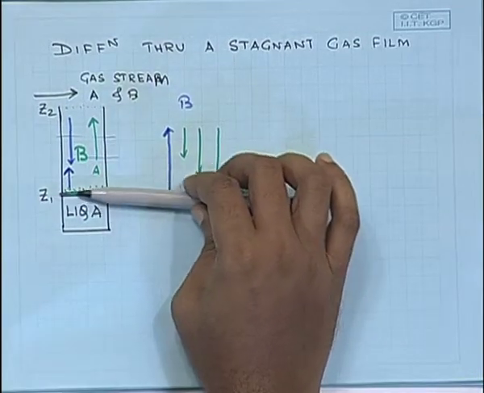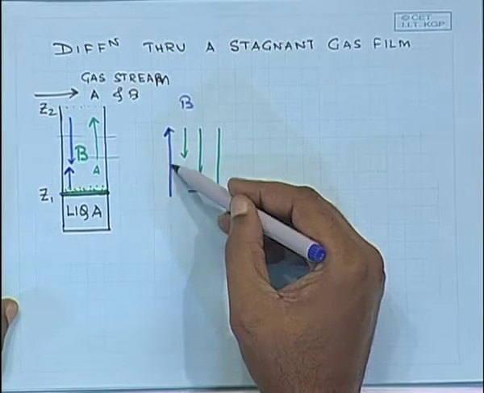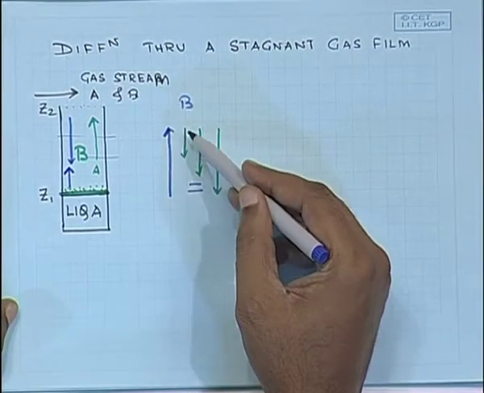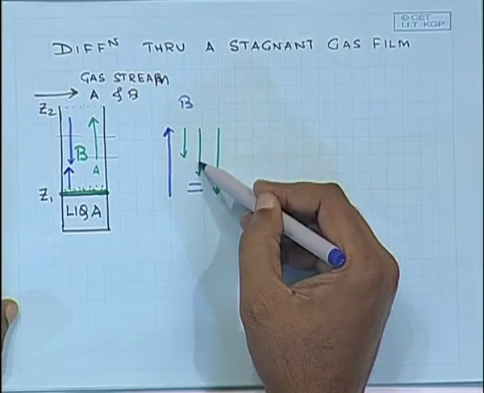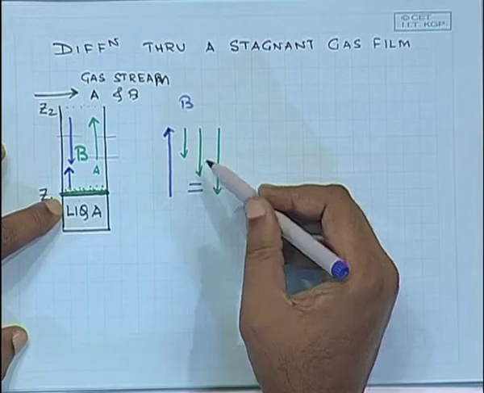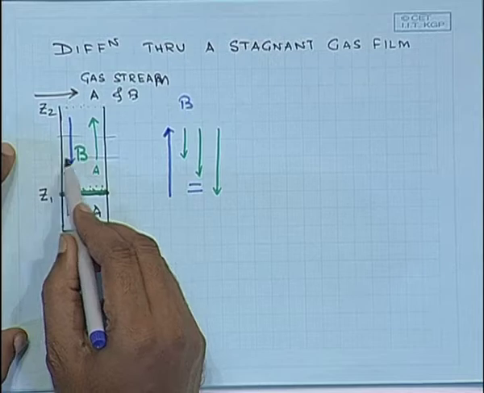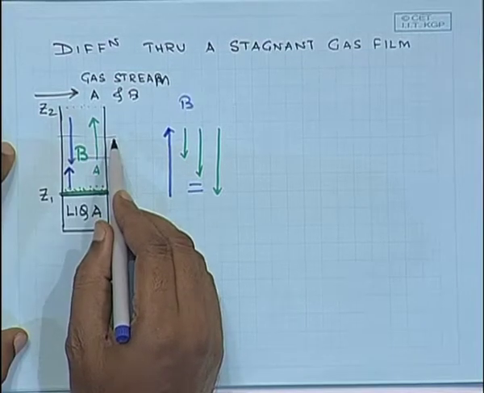When you take this out, you will have initially a huge flow of B towards the top, which would start diffusive flow of B back into the tube, and at steady state these two will be equal, otherwise the concentration of B at different Z locations will be different.